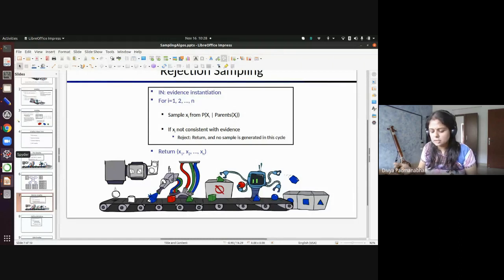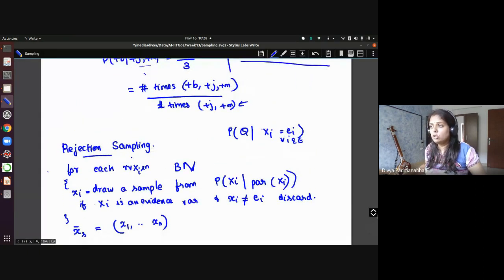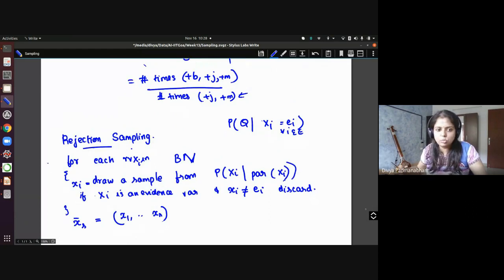You just keep the sample if it matches with your evidence. If it doesn't match with your evidence, just throw it. That's the idea behind this. I think you get the idea, right? So this is something you can use, and when is it beneficial? If these evidence variables are somewhere in the beginning of your network.